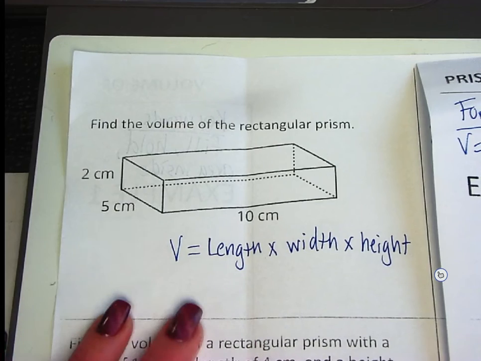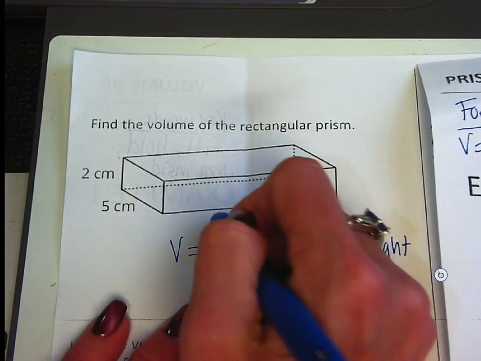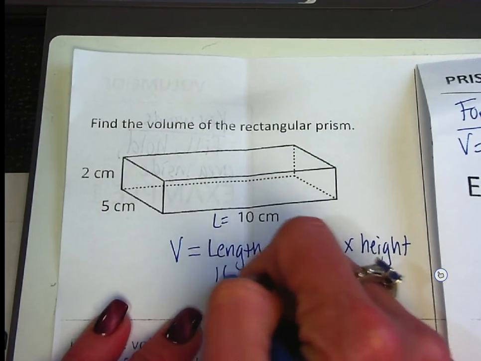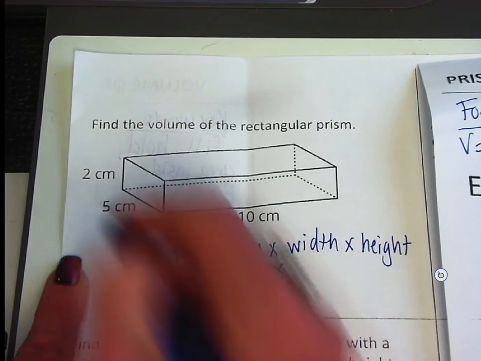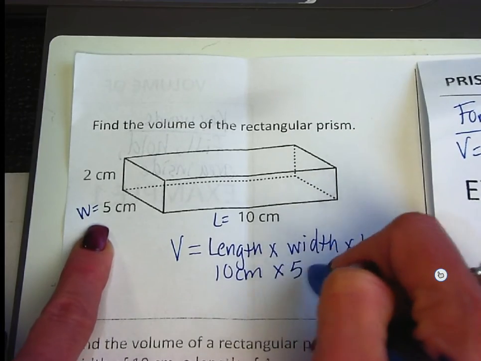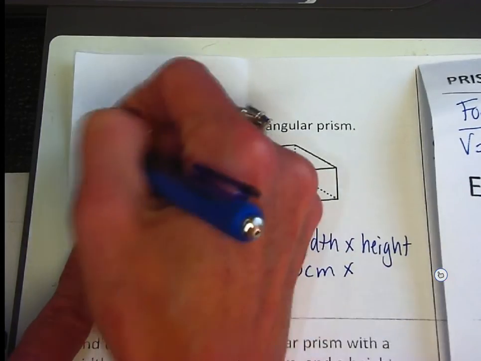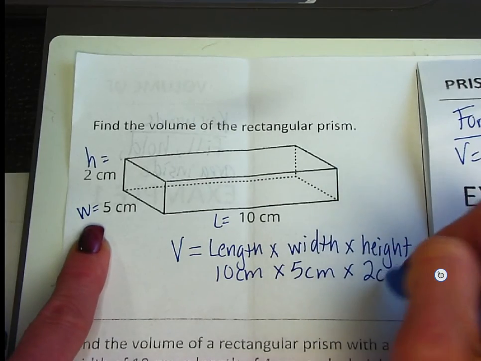Looking at our shape, our length is 10 centimeters. Our width, which is W, is 5 centimeters. And our height is equal to 2 centimeters.